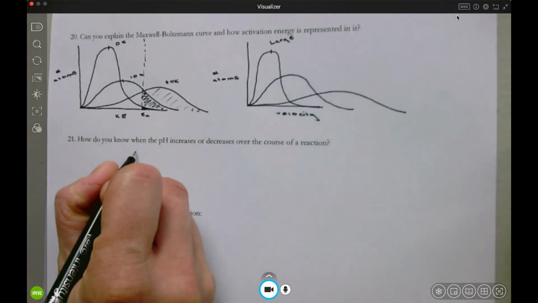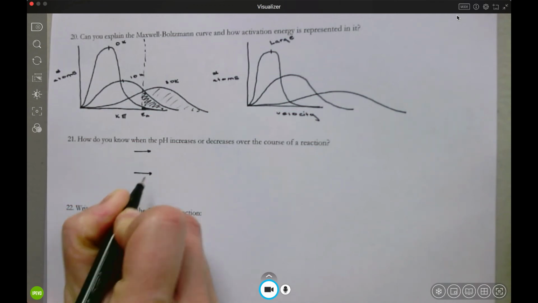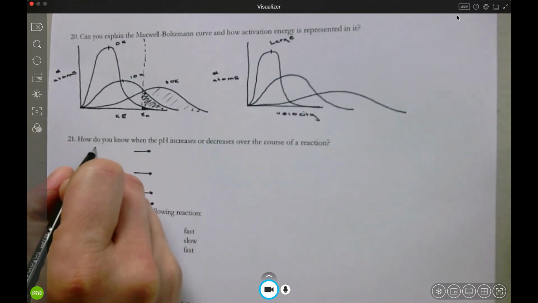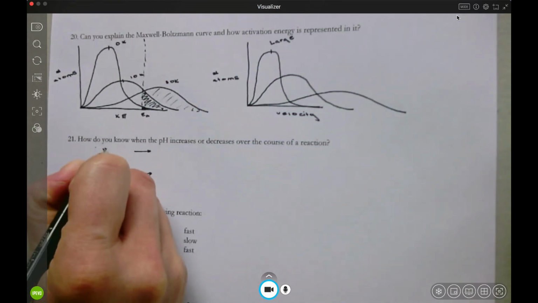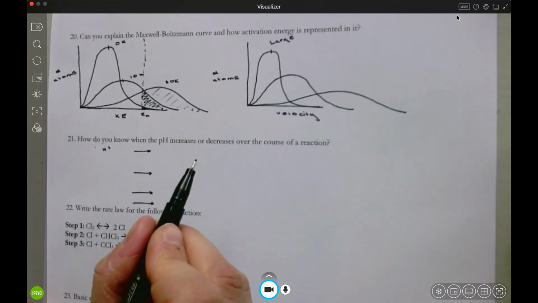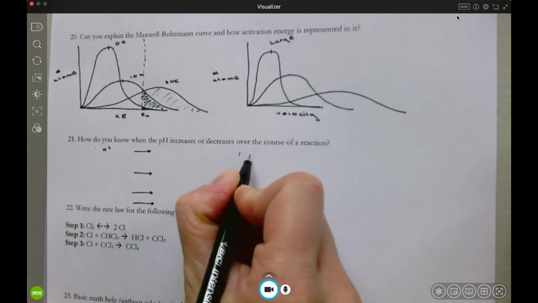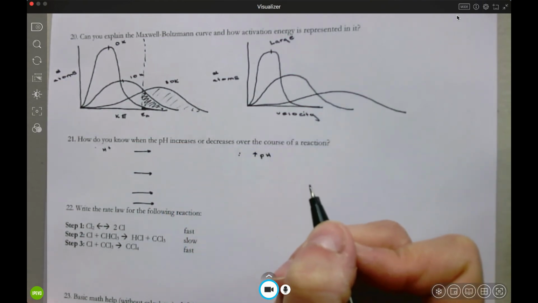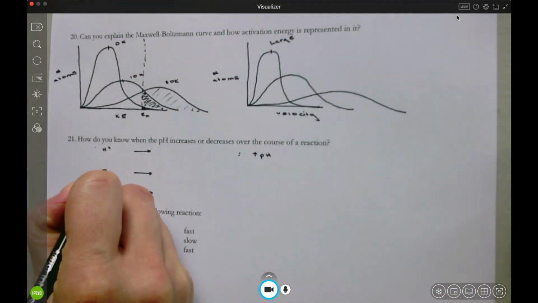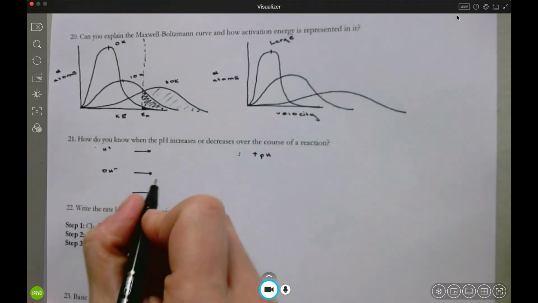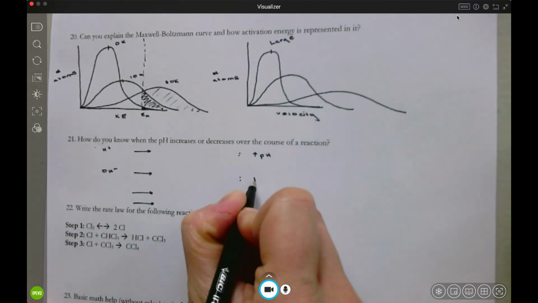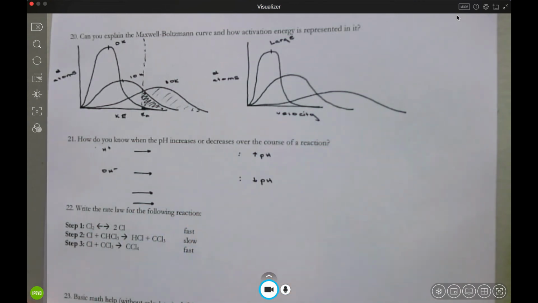So if I have a reaction, I'm going to show a bunch of different reactions. Okay. If a reaction occurs, reactants, products here, if I start with H plus and it's used up and doesn't show up in my products, then I know that the pH had to increase because I lost H plus. Okay, if I started with OH minus and I lost OH minus over the course of the reaction, then that means that my pH decreased because I'm losing OH.